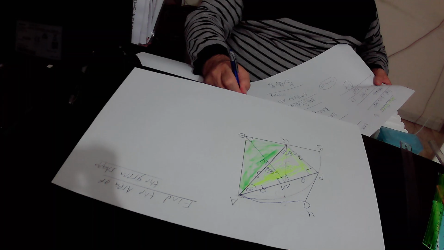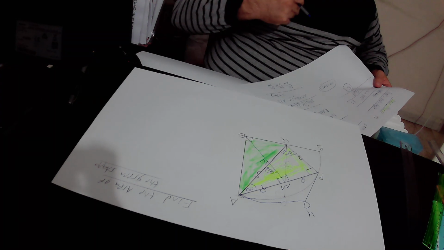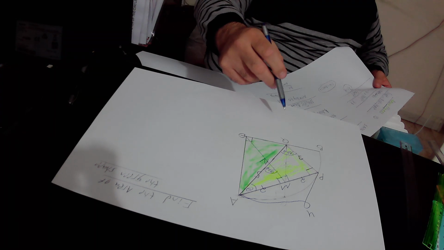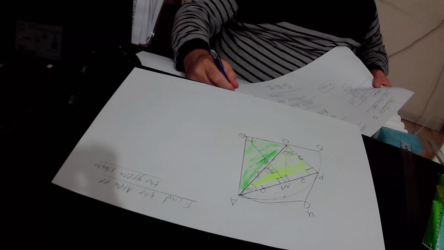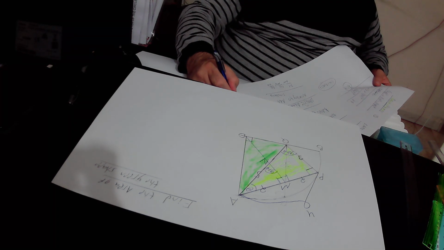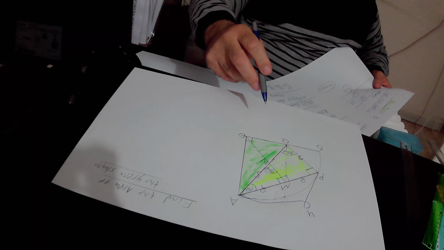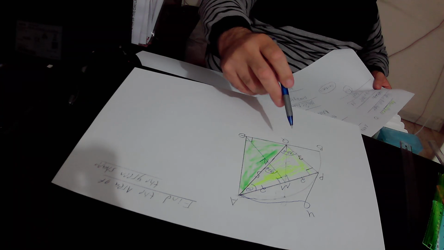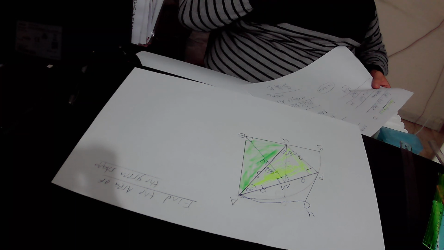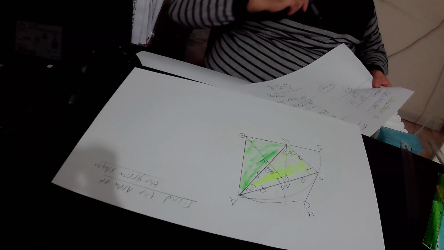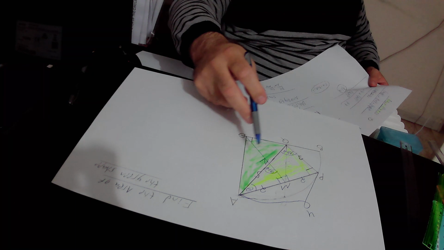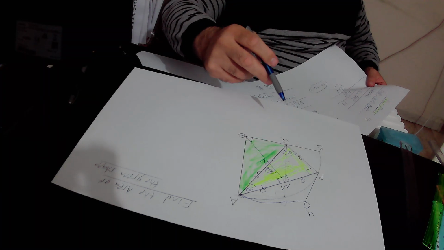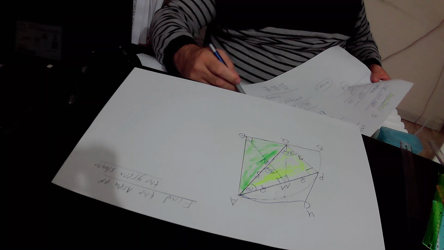And it is equal to AQ, that is 5, according to what is given in the question, over AN.